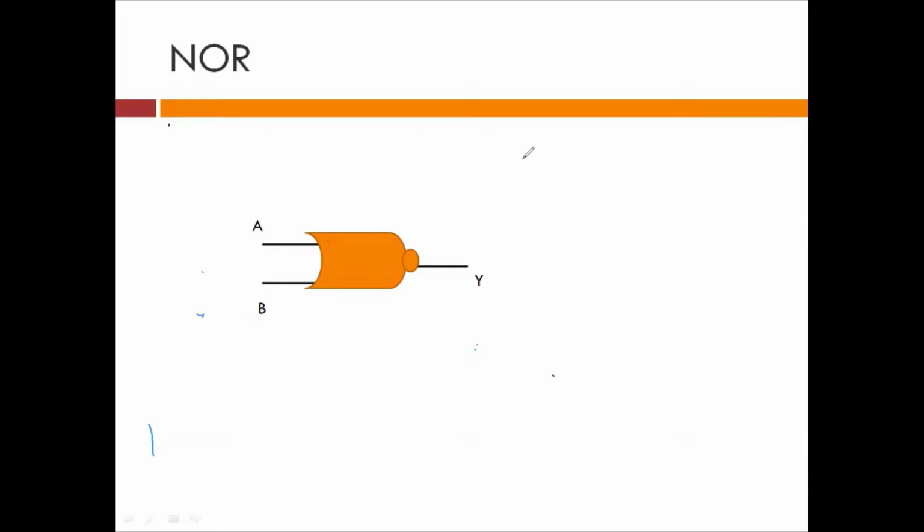So this says CC0 at Y is going to be the minimum of CC1 at A or CC1 at B, plus 1.